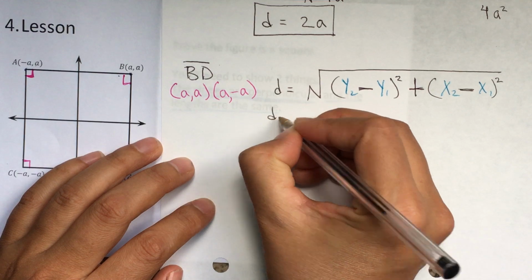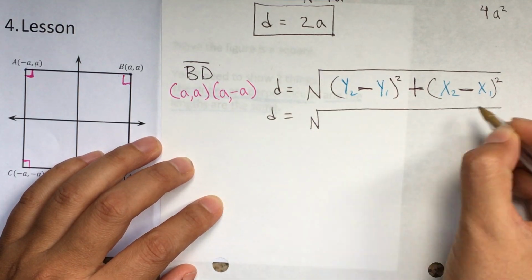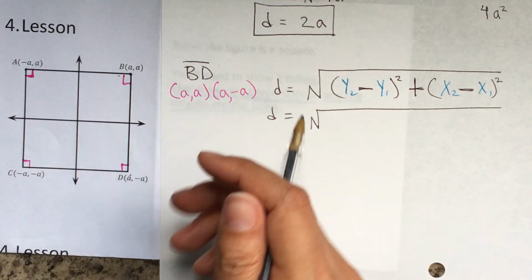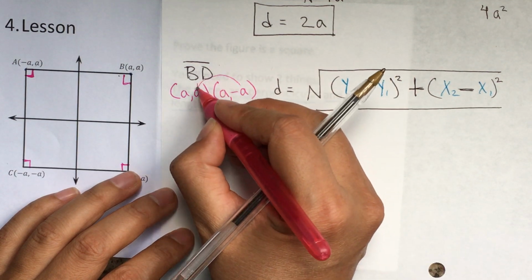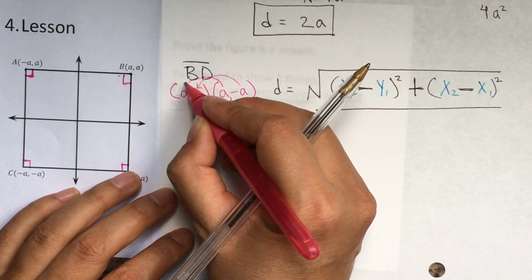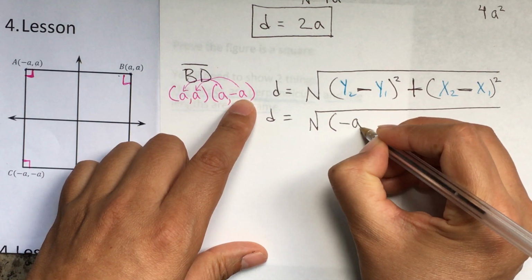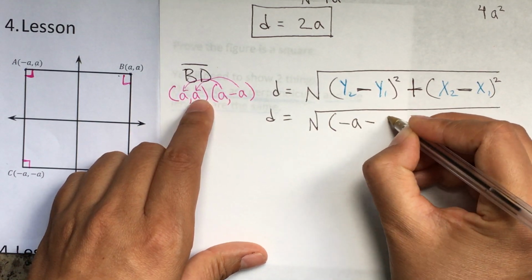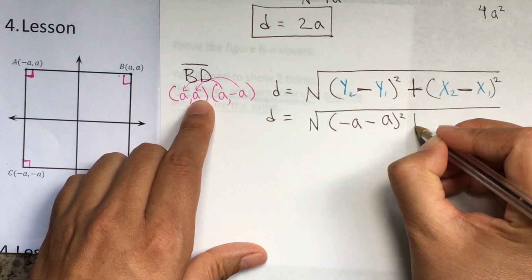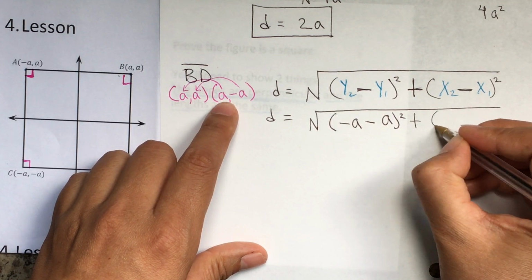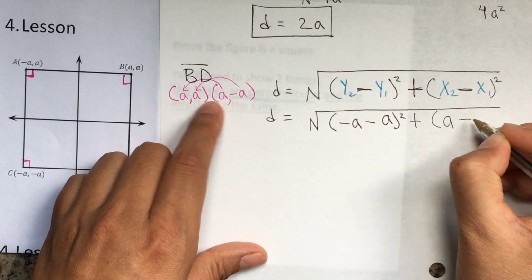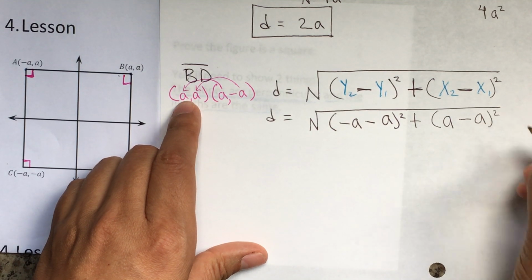So the distance is equal to the square root of (y2 minus y1) squared plus (x2 minus x1) squared, and so it's negative a minus a, that's going to be squared, plus a minus a, and that's going to be squared.